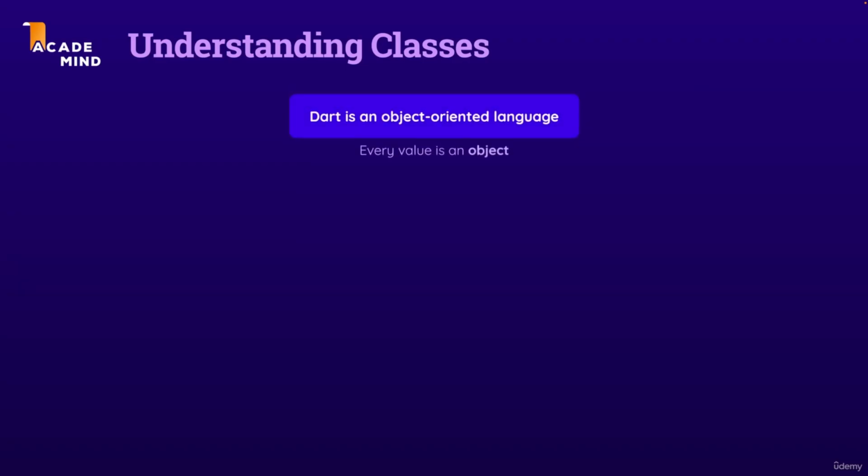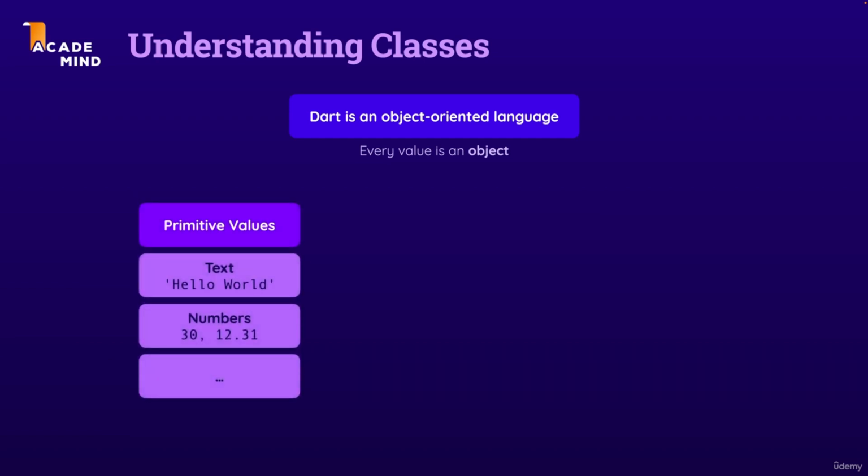For that, it's important to understand that Dart is in the end an object-oriented language because, as mentioned, every value is an object. And of course, you have such primitive values like text or numbers, which are created by, for example, wrapping text with single or double quotes or simply writing down a number in your code.